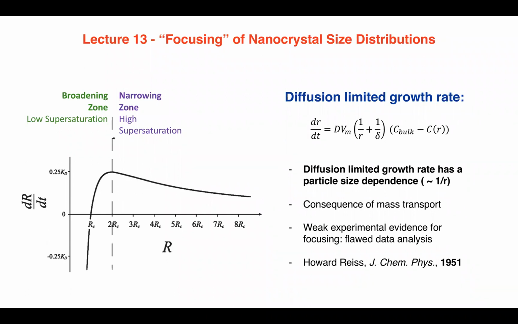And if you're higher than that, so supersaturated relative to the particle that you're considering, and you're under diffusion limited conditions, then you'll get into a size distribution narrowing situation. And beneath that, for instance, let's say you're at critical concentration or below, the distribution will actually broaden.